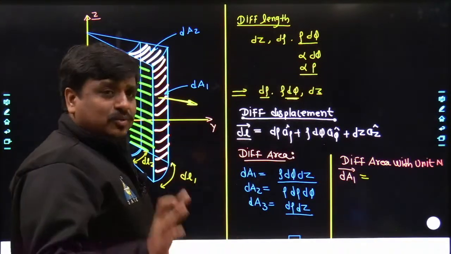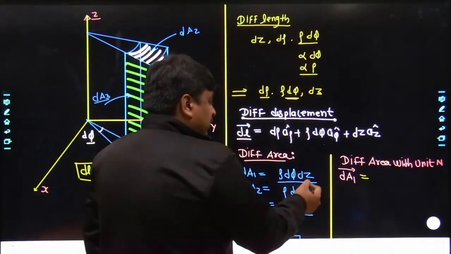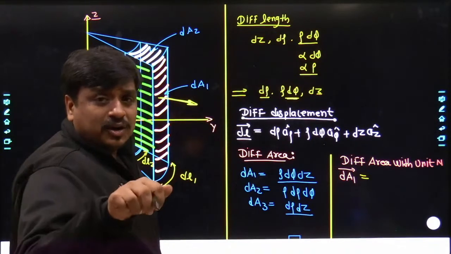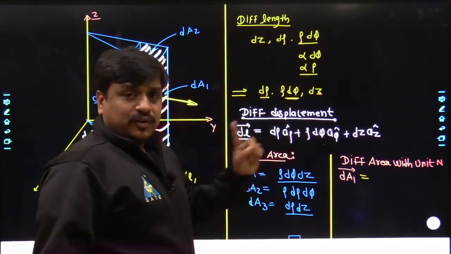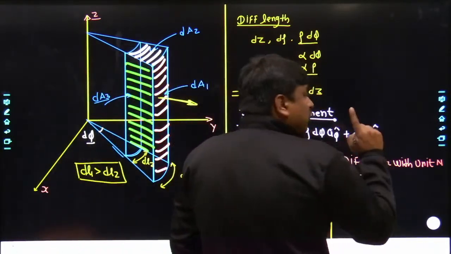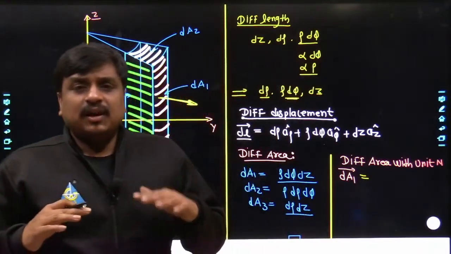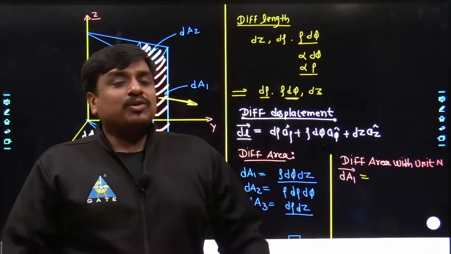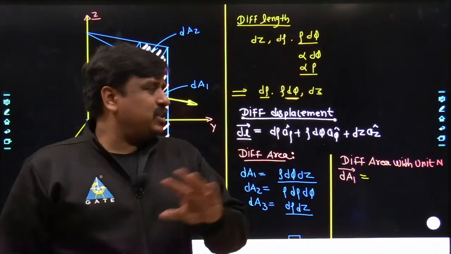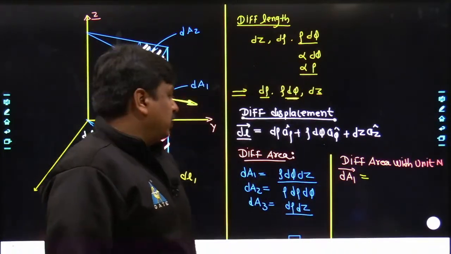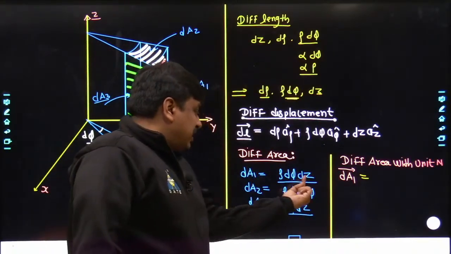You can just assume it this way: there was a change in phi, there was a change in z, and hence the unit normal would be in the direction of a rho cap, which is what I did in the case of the Cartesian coordinate system. When we had dx dz, by default the unit normal was in the direction of a y cap. The same thing is happening over here, because there was no change in rho.